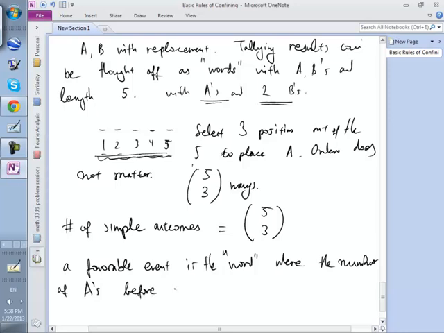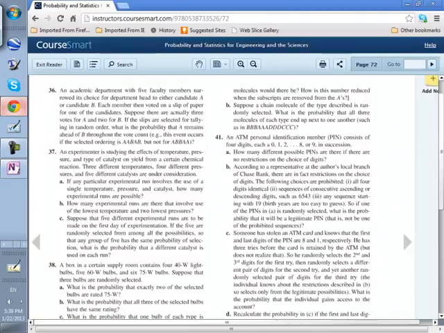before the number of A's, the problem says, what is the probability that A remains ahead of B throughout the vote count?